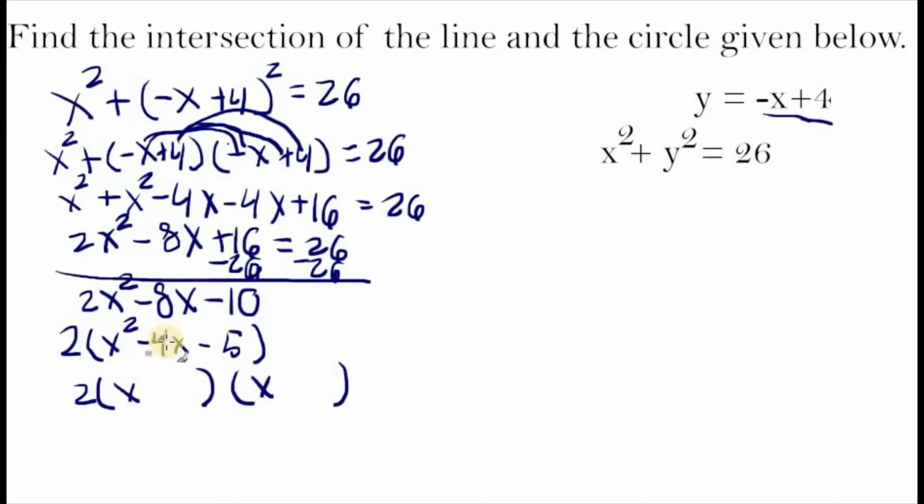And now we need to find what two numbers will multiply together to be negative 5, but will add together to be negative 4. And we know we have to keep one negative and one positive. So we'll try to find the factors of 5: 5 and 1, and 1 and 5.